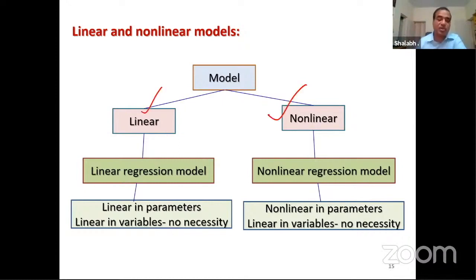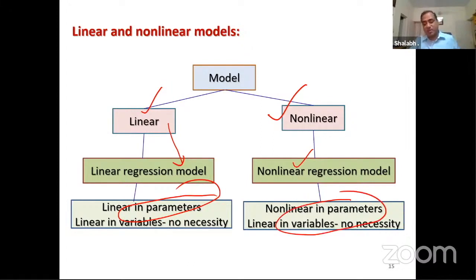When we do regression analysis to find a linear model, it is called a linear regression model. And when we do it for a non-linear model, it is called a non-linear regression model. So in linear regression models, the model is linear in parameters, and in non-linear regression models, the model is non-linear in parameters, right?